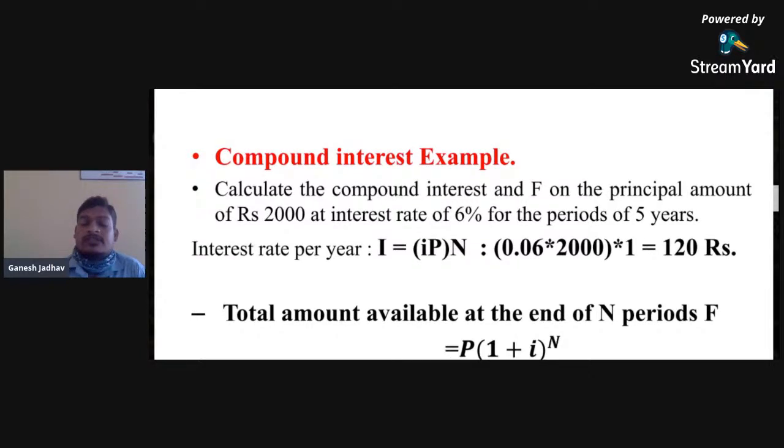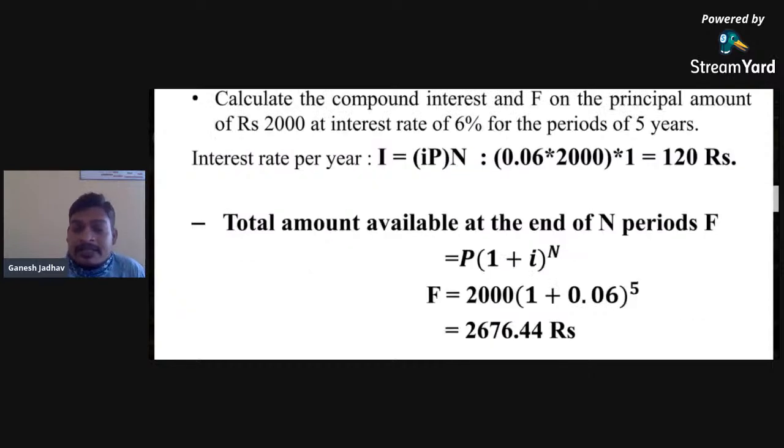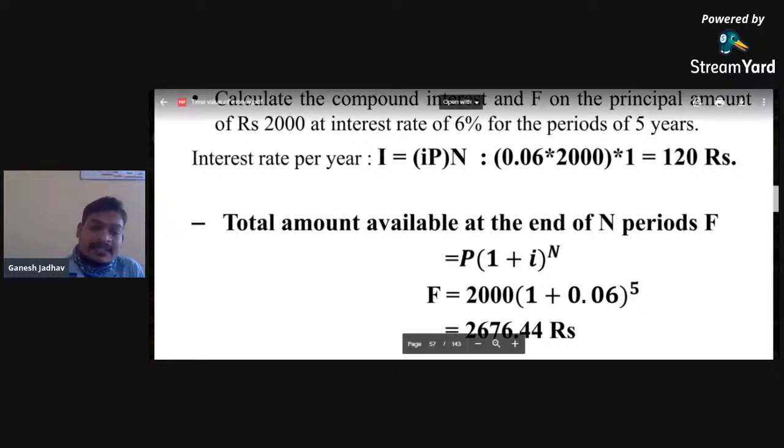Okay, that is 120 rupees, and the total amount available at the end of the period is F equal to P(1 plus I) to the power n. So F is equal to 2000, the principal amount, times (1 plus 0.06), where 6% is your interest rate, to the power 5, the number of periods.